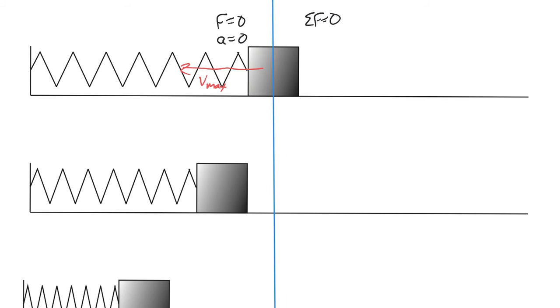But there's something else here that's important. All the energy is in the form of kinetic, 1/2 m v max squared. All the energy's here, which we know also must be equal to 1/2 k x naught squared. But remember, we are at the position where x equals 0. We are at equilibrium.